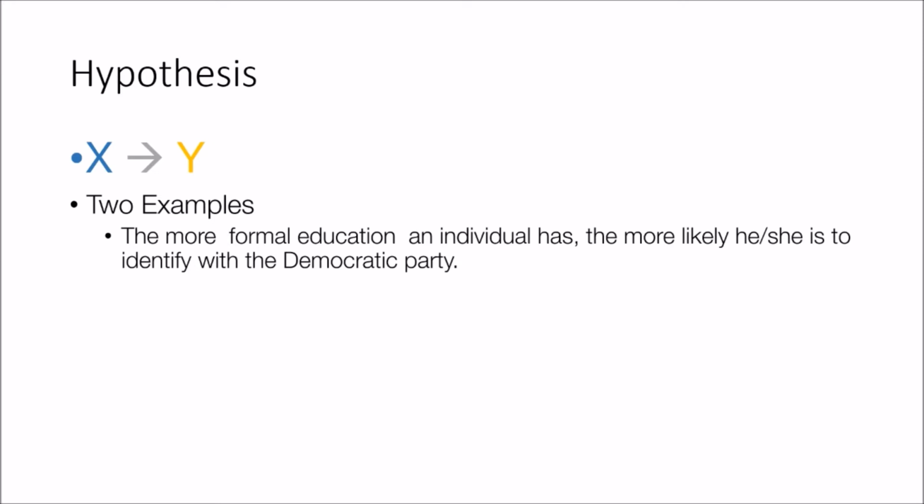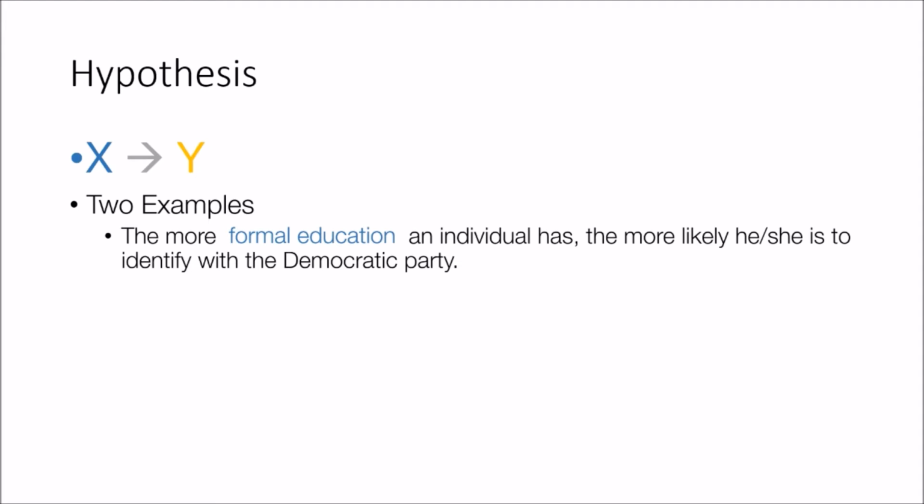Okay, so in this case, our independent variable, the variable that we expect to change, is formal education. So what we're doing is splitting respondents into different levels of education, because we can't force someone to be a college graduate and then force that same person to, at the same moment, be a non-college graduate.